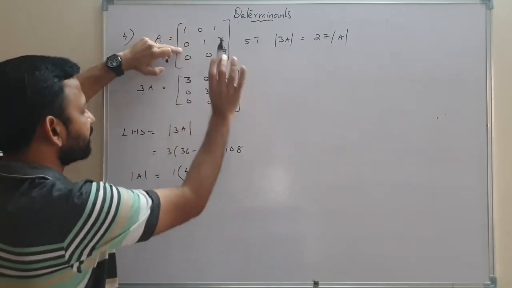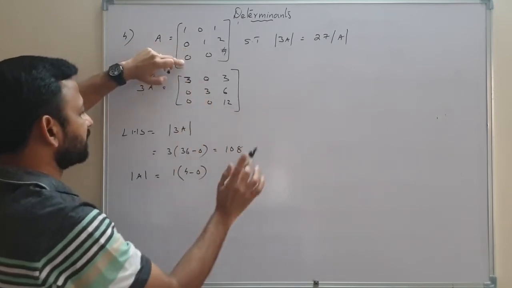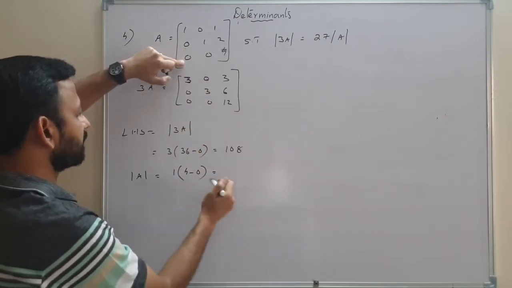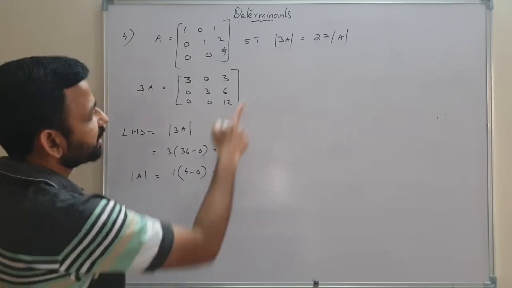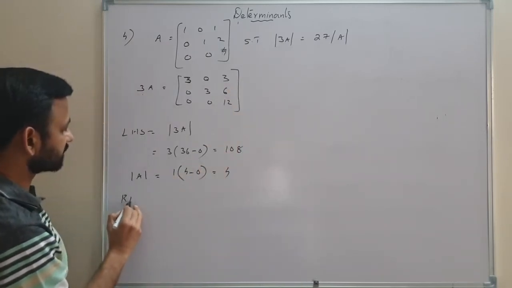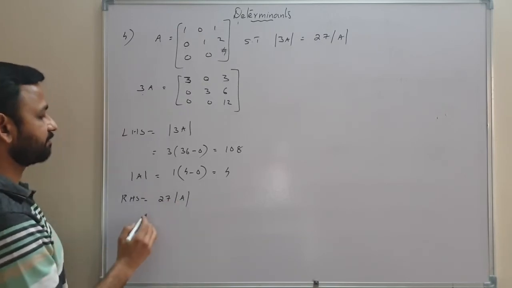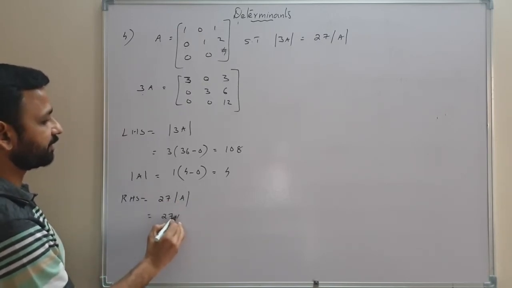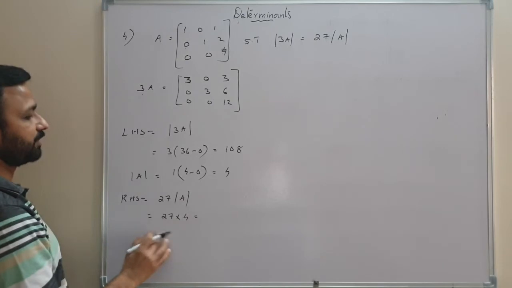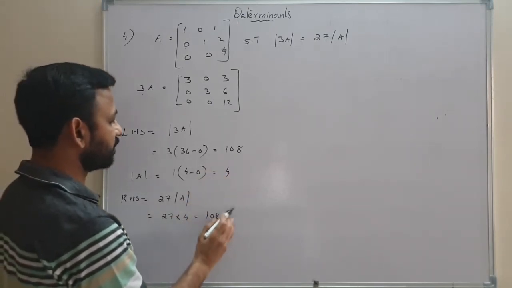Then minus 0 into, that is completely 0, plus 0 into, that is also 0. So we got determinant A as 4. Then RHS is equal to 27 into determinant A, that is 27 into 4, again 108.